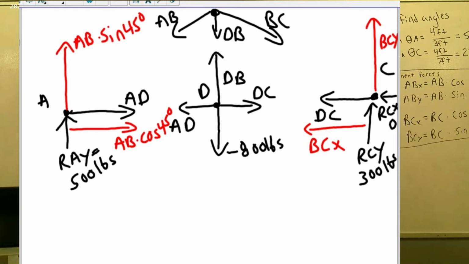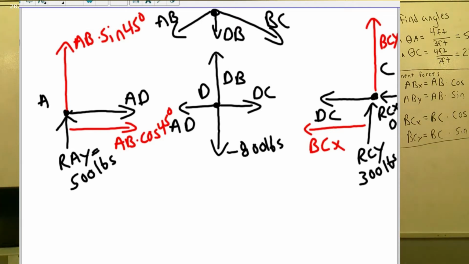Why sine and cosine? Well, in the case of ABY, I'm dealing with the opposite side as well as the hypotenuse. The hypotenuse being the original AB force, the opposite side being ABY. In the case of ABX, I'm dealing with the hypotenuse and the adjacent side.